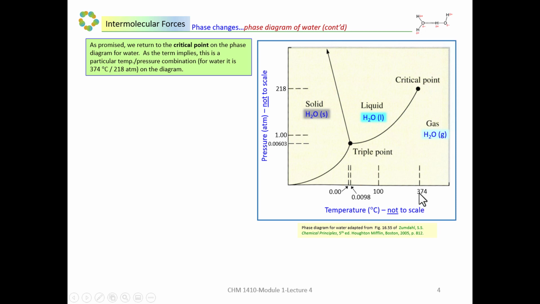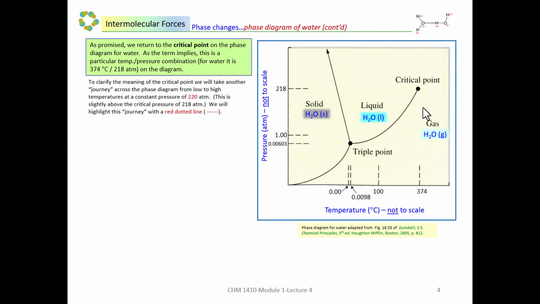And you might say, why is it the critical point? Well, remember we said this is where the liquid gas line seems to disappear, and we said beyond the critical point, the phase boundary between liquid and gas seems to disappear. So let's look a little more closely at what's going on.